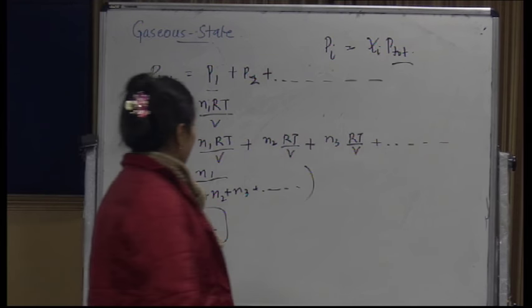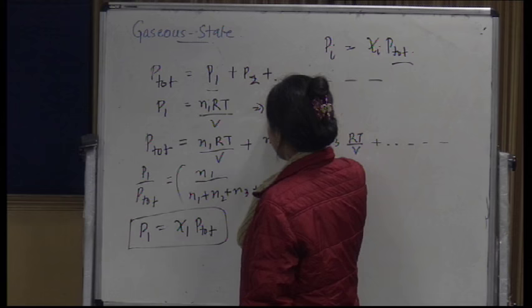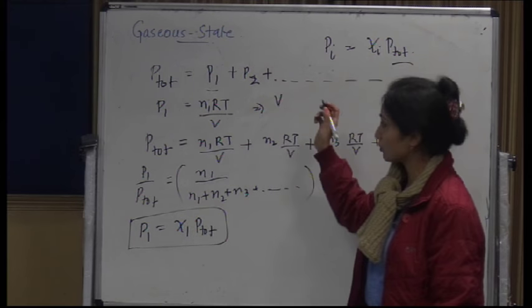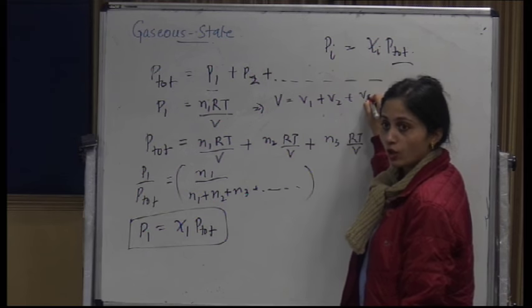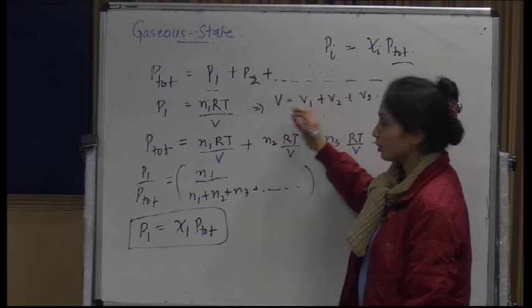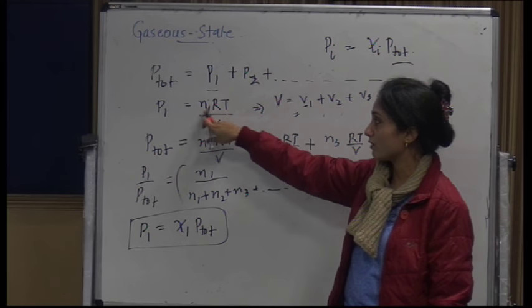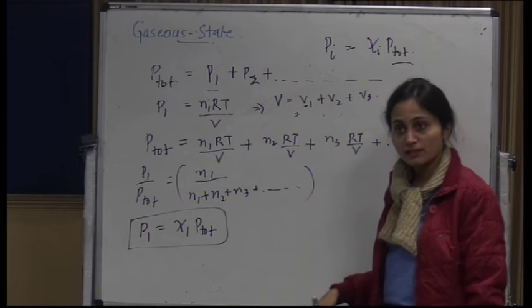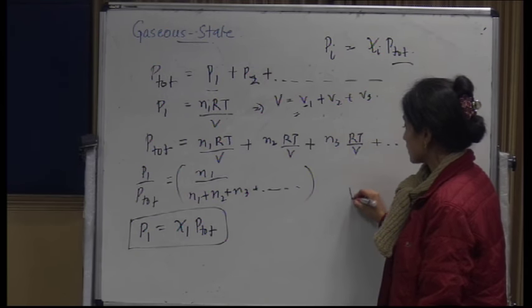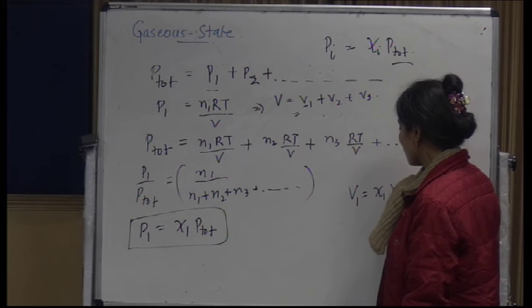Had you done it for volume at a particular pressure, then the total volume will be equal to the sum of the individual volumes of all the gases. I am not doing it for you, you can just understand it. V1 will be N1 RT by P. Following similar steps, you will get V1 equal to chi1 into V total.